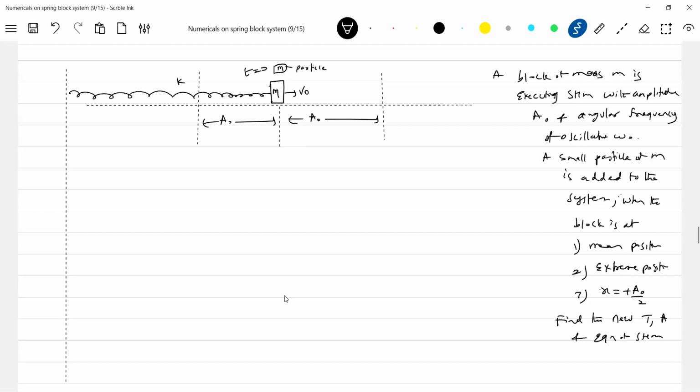So first case, we are discussing the problem. What is our first case? A small particle is added. There's a block which is executing SHM and a small particle will be added to the system, which will get stuck.